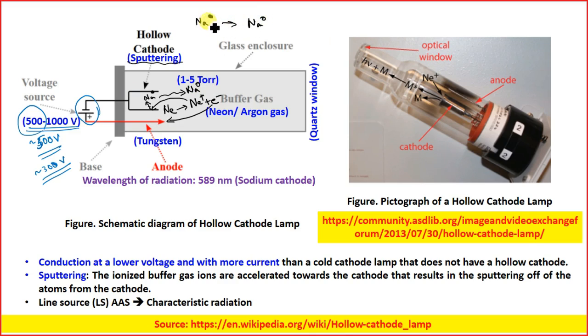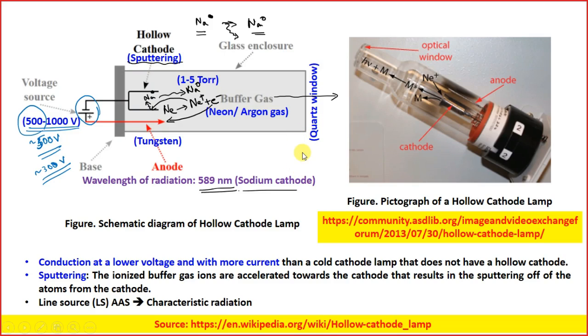When it is coming from the high energy state to the low energy state, it is emitting radiation. This radiation is a characteristic radiation, and in the case of the sodium cathode, the radiation is emitted at 589 nanometer. This radiation moves out of the quartz window.